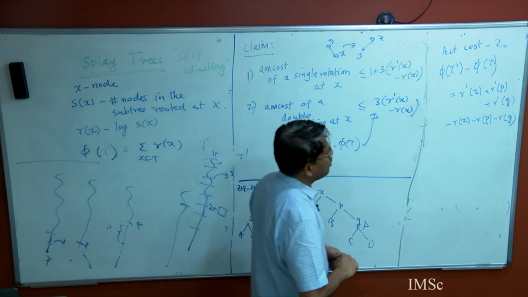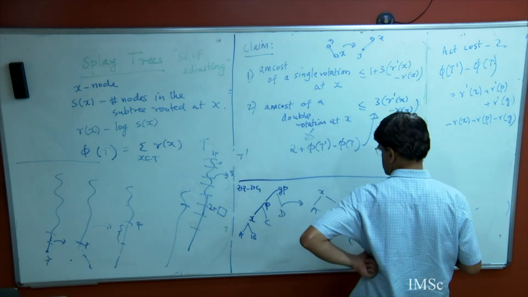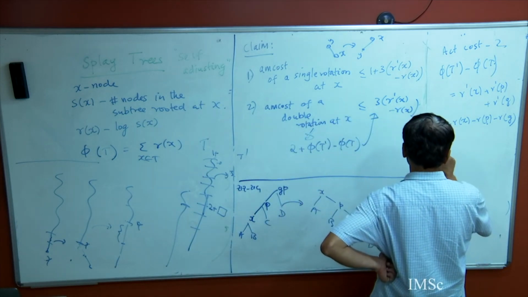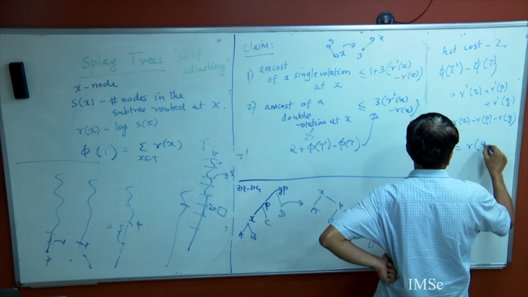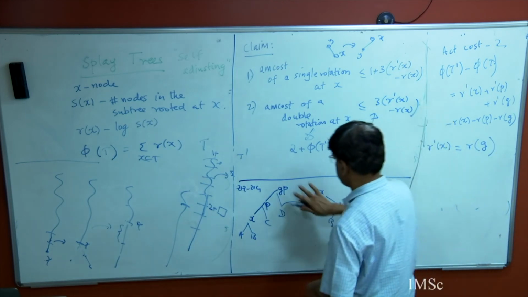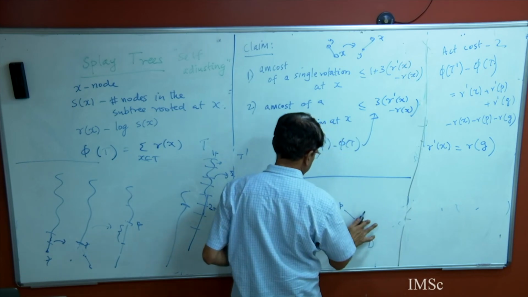So let's observe the following. R prime x is equal to r of g. So this is just g for grandparent.